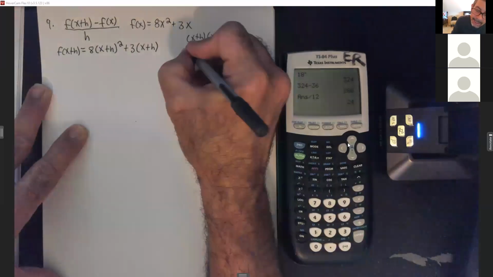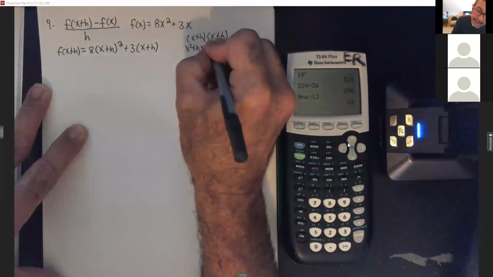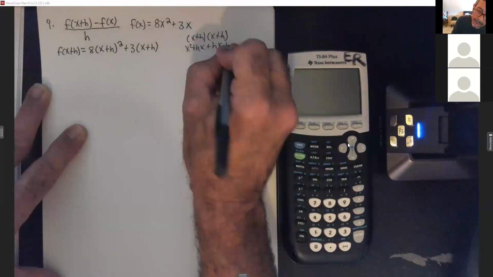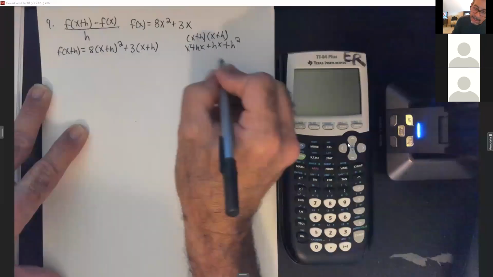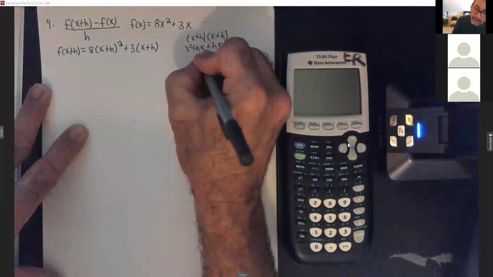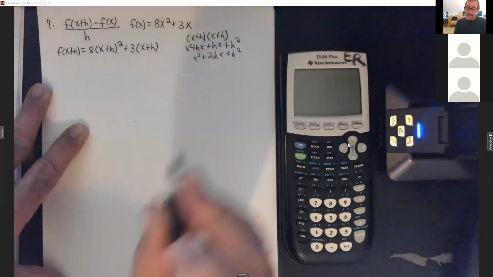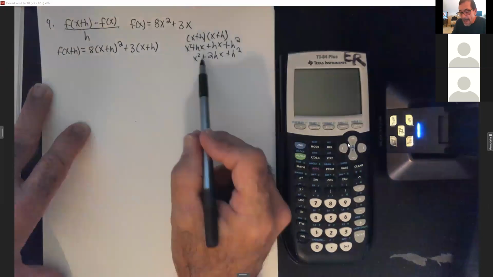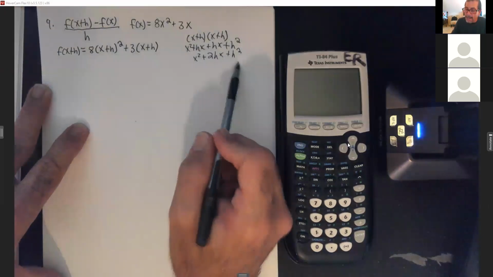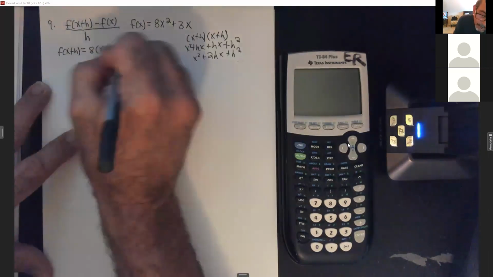That would give you a x squared plus a hx plus hx plus h squared. So we would add the like terms and get an x squared plus 2hx plus h squared. So y'all save that if you want to, because on your test, you're going to have to FOIL that and get that answer.